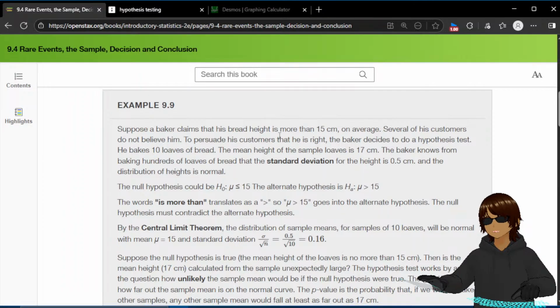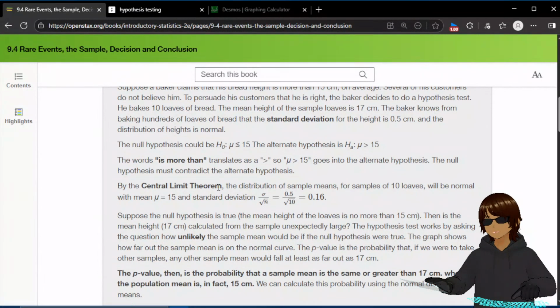Shouldn't this be the null hypothesis? Okay, we are going by what the customers believe. The customers believe the mean is less than or equal to 15, and the alternative hypothesis would be that the mean is more than 15. The words "is more than" translate as greater than.